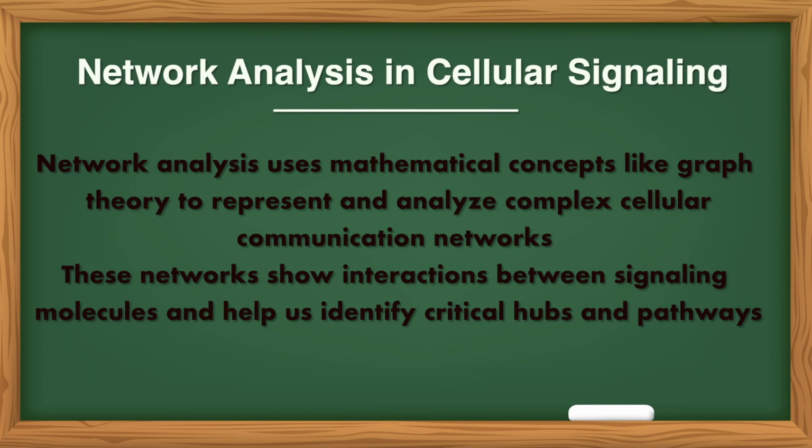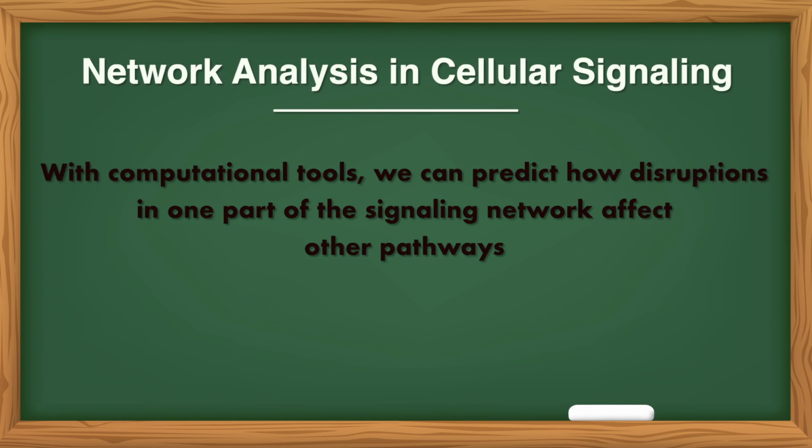These networks show the interactions between the signaling molecules and help us to identify the critical hubs and pathways. It is like creating a city map with different routes and intersections. With computational tools, we can predict how disruptions in one part of the signaling network affect the other pathways.